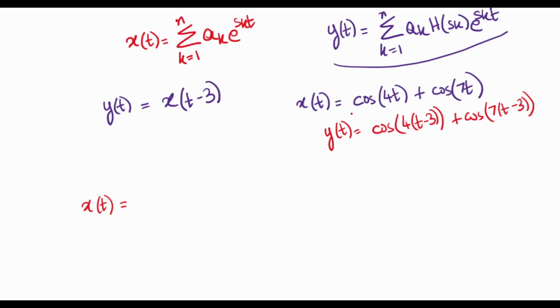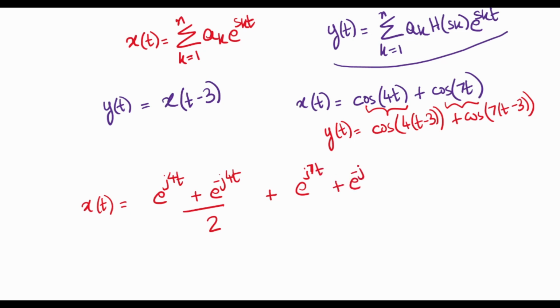So the term cosine 4t can be written as e to the power j 4t plus e to the power minus j 4t divided by 2, and the term cosine 7t can be written as e to the power j 7t plus e to the power minus j 7t divided by 2.